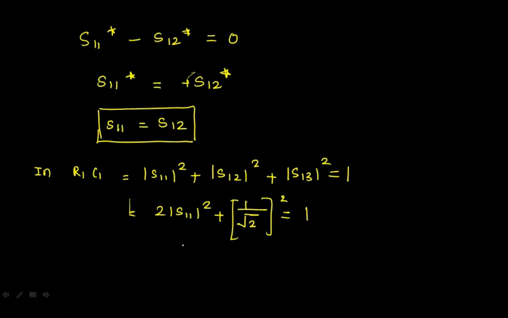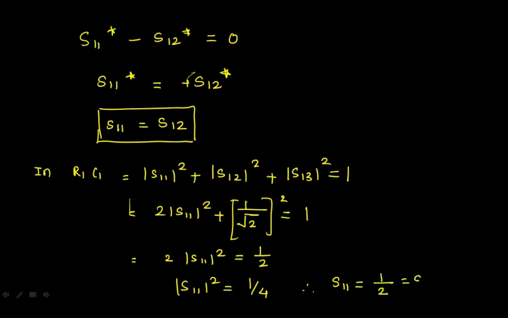When you solve this equation, squaring gives 1 by 2, subtracting, you get 1 by 2, and then dividing by 2 it becomes 1 by 4. So S11 square is equal to 1 by 4, and that's why S11 is equal to 1 by 2, and S11 is equal to S12. So I have got S11, I have got S12.